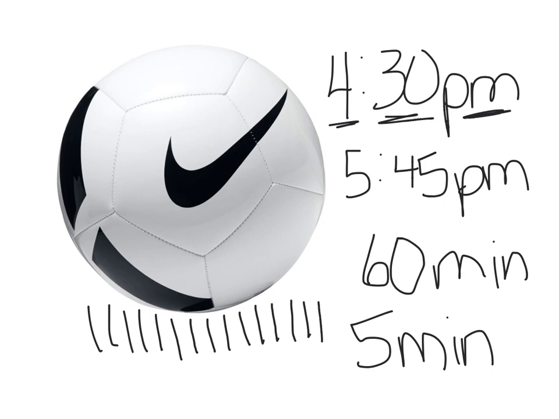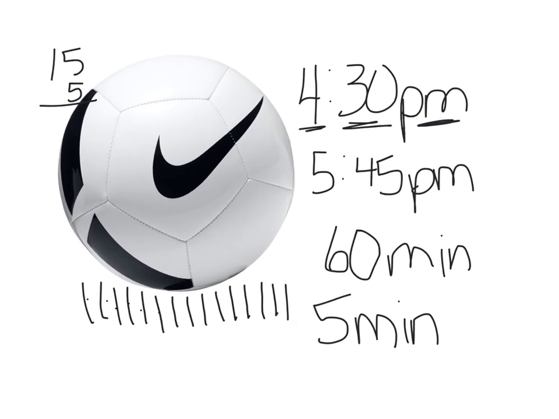And then I could say 1, 2, 3, 4, 5, 6. I should be doing this. 1, 2, 3, 4, 5, 6, 7, 8, 9, 10, 11, 12, 13, 14, 15. So I take 5 times 15 and do the math on that.